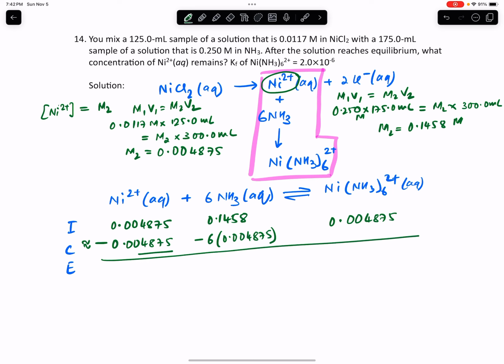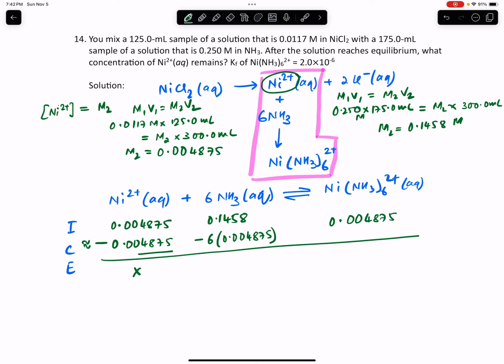At equilibrium, because this is almost this, if I take this amount and subtract this amount, now remember, this is not exactly equal, it's almost equal, I don't know how much it's going to be, but let's call it x.